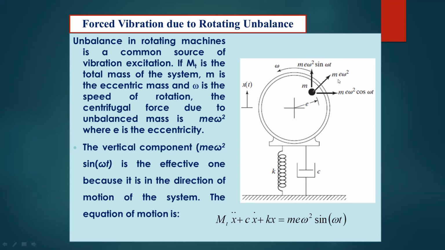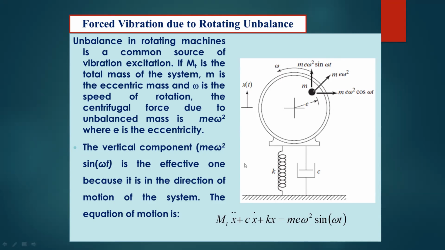So it is the component of this force in the vertical direction. And this omega is the rotational speed of the motor or the machine. Okay. e is the eccentricity, and m is the small mass, not the bigger mass. The bigger mass is the mass of the whole system. Okay, it is different.